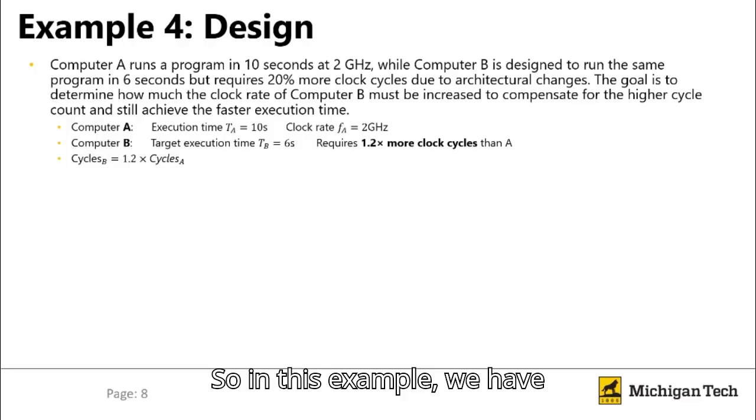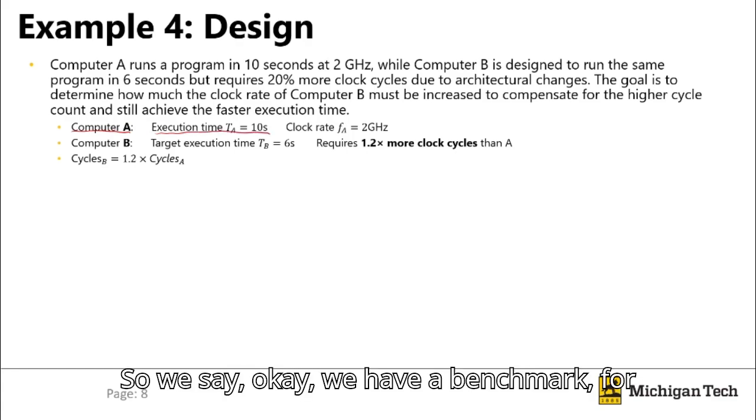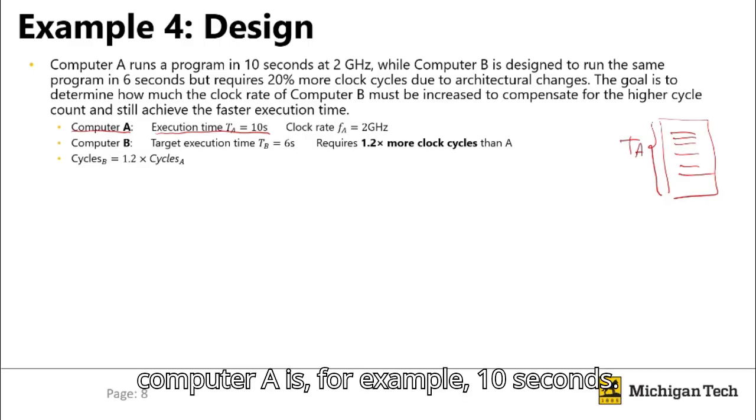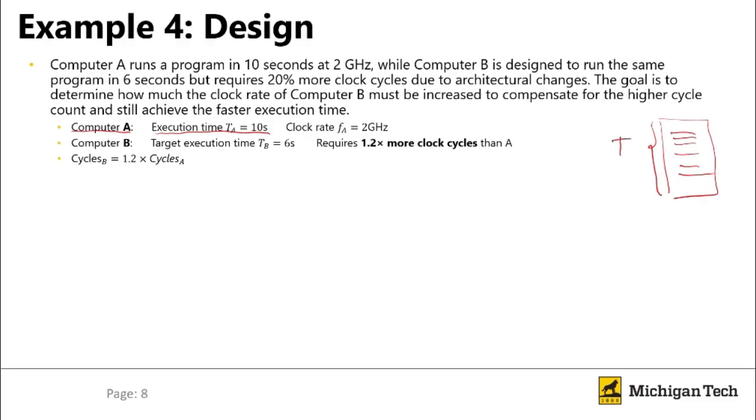So in this example, we have one computer A, and the execution time for computer A is given. So we say we have a benchmark, and we just know that the time to run for computer A is, for example, 10 seconds, T CPU. And the clock rate is given as well.